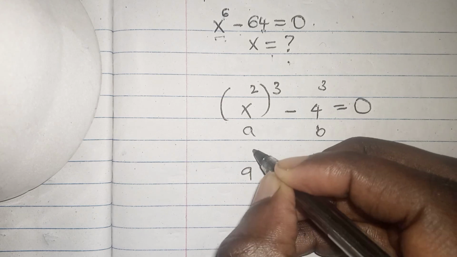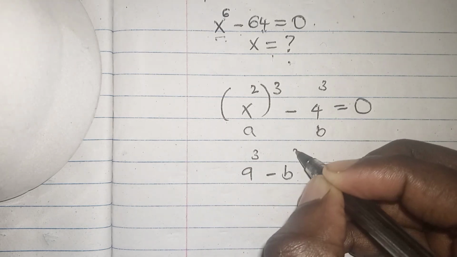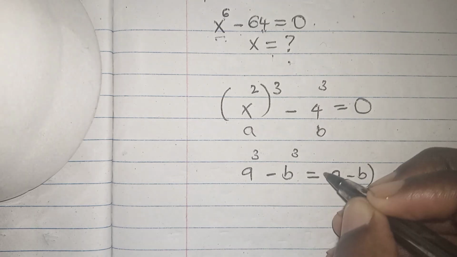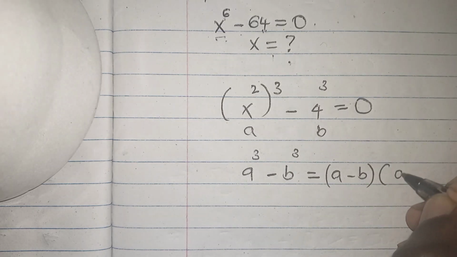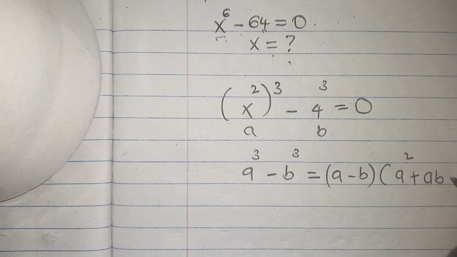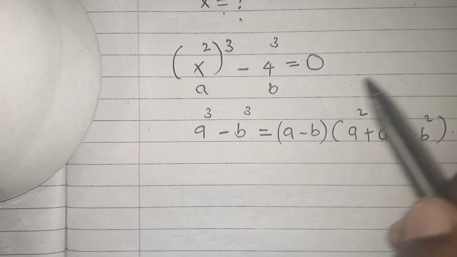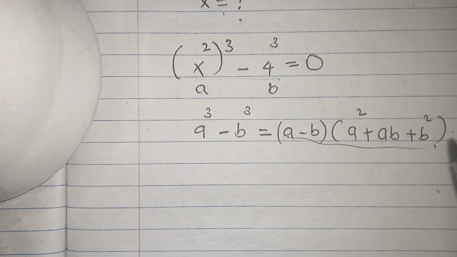Therefore, a cubed minus b cubed, we can write as a minus b into a squared plus ab plus b squared. So we are going to express this into this form.